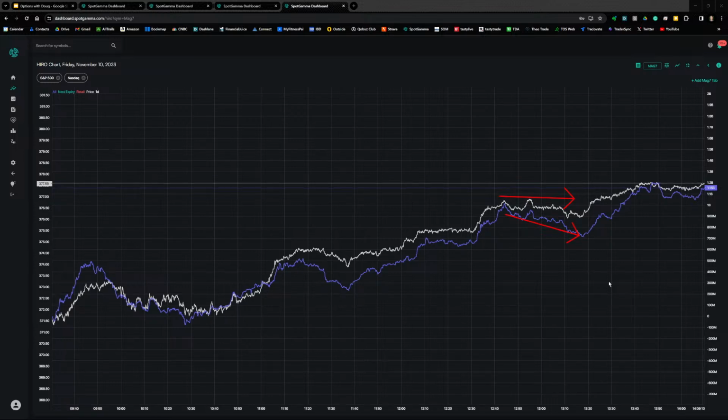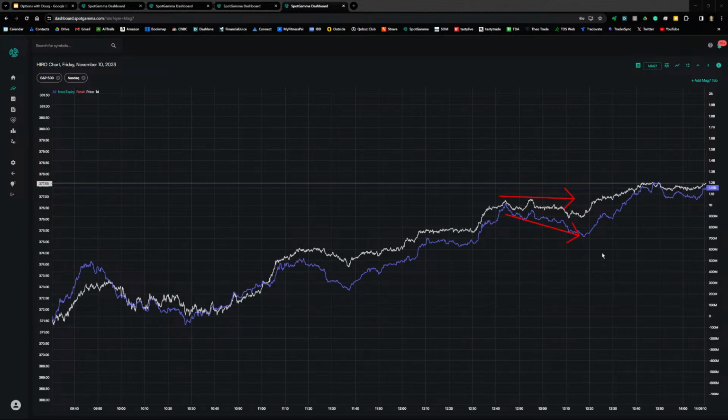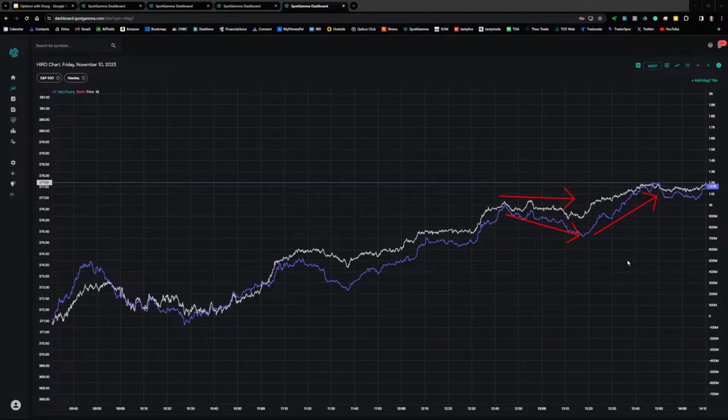Typically that could be the high of the day, but now options traders are back at it, moving price higher. So when traders buy calls, market makers sell the calls, and they have to buy stock to hedge their delta exposure.